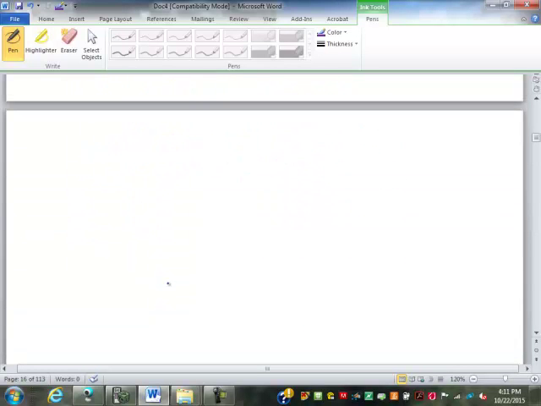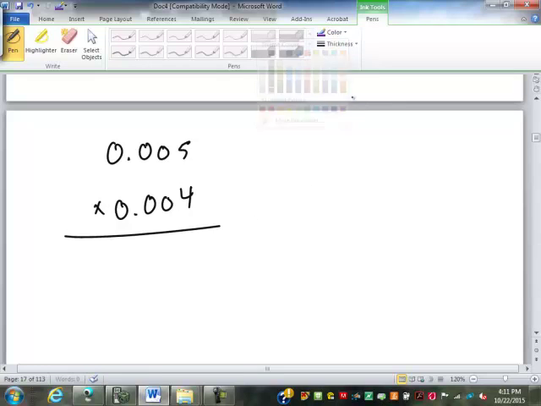So let's have you try this one. Talk me through it. You don't have to do this one in your notes. 4 times 5 is 20. Do I need the 0?